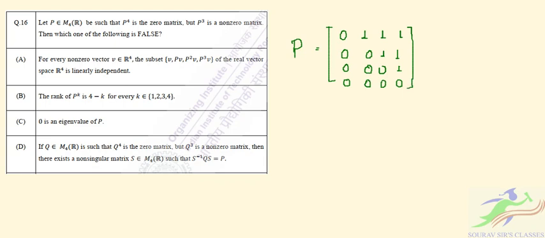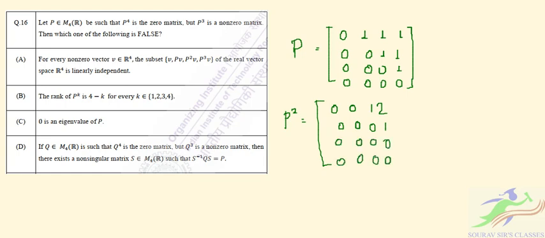Okay, so we can find P square. So what will be P square? 0 0 1 2, 0 0 0 1. The remaining rows and columns will be 0. So we can also find P cube, P into P square, so it will be 0 0 0 1.